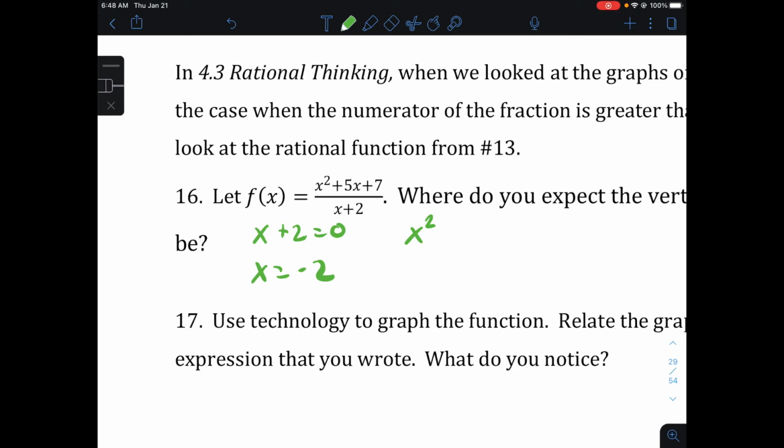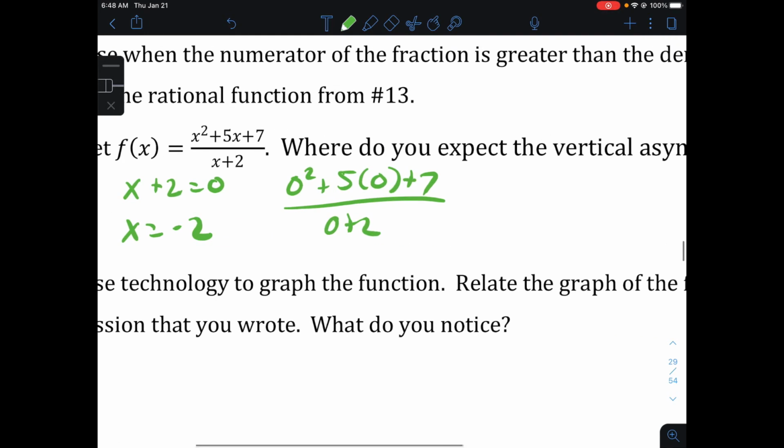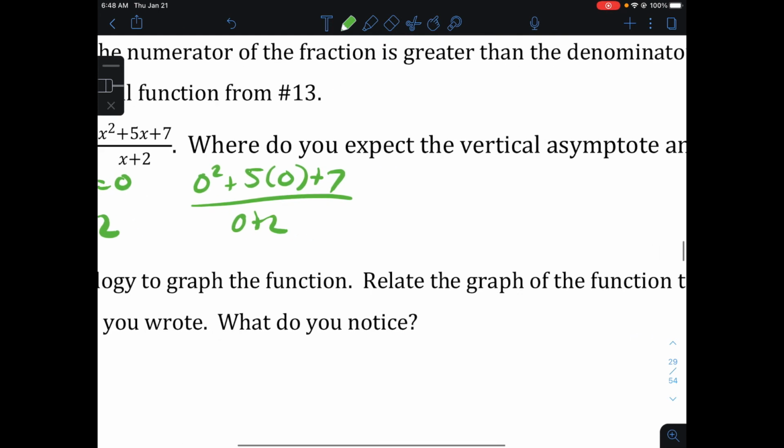Vertical asymptote and intercepts. Okay, so let's see. So we can get our y-intercept from plugging in 0, right? So we could do 0 squared plus 5 times 0 plus 7 all over 0 plus 2. This is how we get our y-intercept. And you end up with 7 over 2. So you could have 0 comma 7 over 2 for your y-intercept.